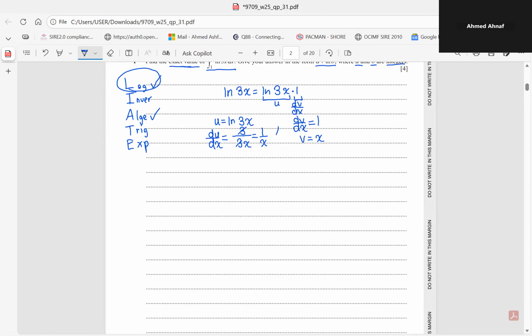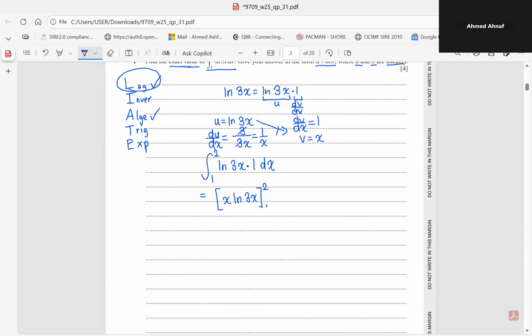So now, to integrate ln 3x times 1 dx with limits 2 and 1, we first multiply u and v together. So that's just x ln 3x. We're not going to forget our limits, we put the limits outside of the uv expression.